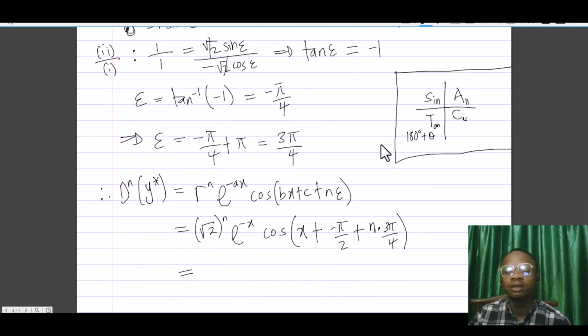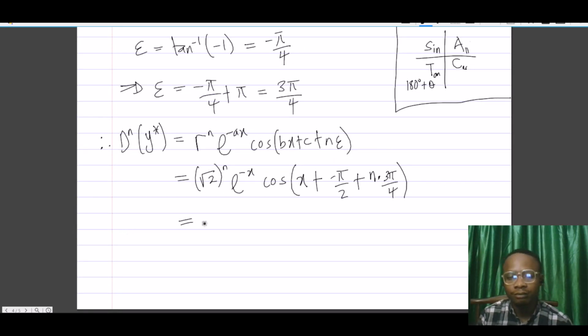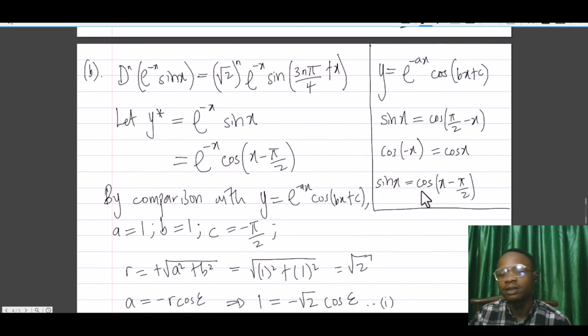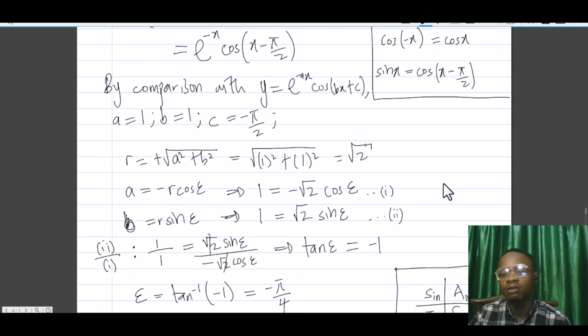So basically, if we were to tidy this up, this will be root 2 to the power of n, e to the power of minus x, then cos of, so we can put all of this together, x plus 3n pi all over 4, then minus pi over 2. We already know from what we wrote up here that sine x is the same thing as cos of x minus pi over 2.